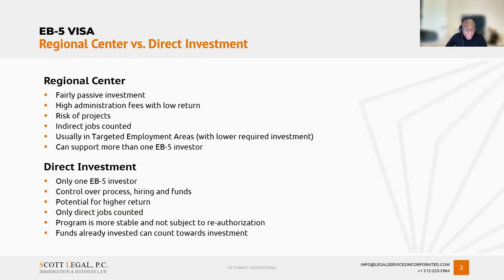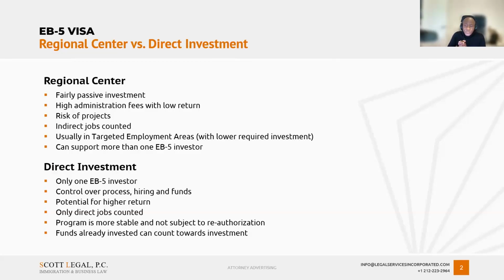So they're not looking to anyone else for that support. And of course, there's no administration fee associated with that. With the direct investment program, only direct jobs can count. So when we say direct jobs, those are people who actually work at the company or entity, the EB-5 entity. So you can't count indirect employment for these other things that might be formed as a result of your business.